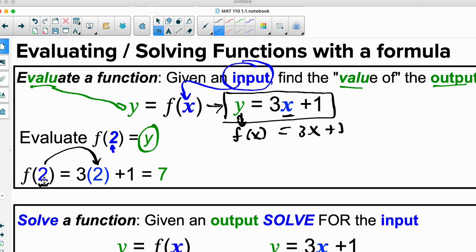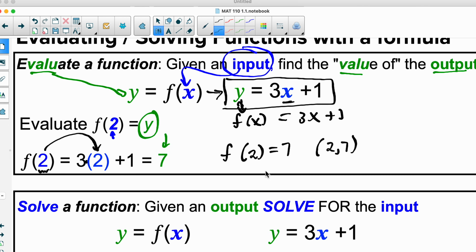So everywhere there was an x, I replace that with a 2, and then 3 times 2 is 6 plus 1 is 7. I can then summarize this to say that f of 2 is equal to 7. I can write this as an ordered pair. When I input 2, I output 7. That's evaluate.